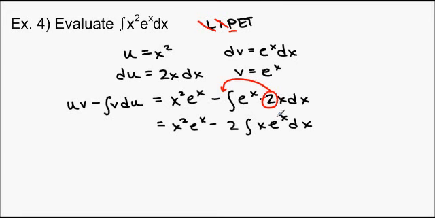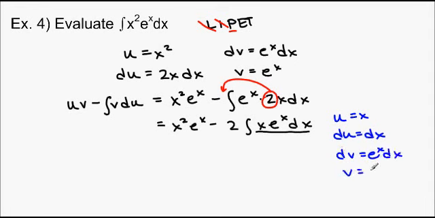So I think I'm going to have to integrate again using integration by parts, because you can see I still have this tricky integral here. You can integrate using integration by parts more than once. So here, u is x, so du is dx. dv is e to the x dx, so v is e to the x.